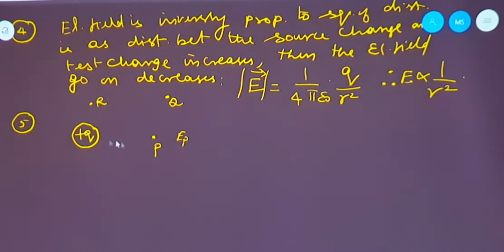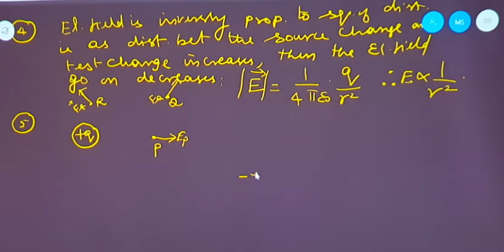Since the parental charge is positive, this electrical field acts away from this positive charge. At Q, the electrical field is EQ, which is also acting away from the parental charge. At R, the electrical field is ER vector, which is also acting away from the positive charge.